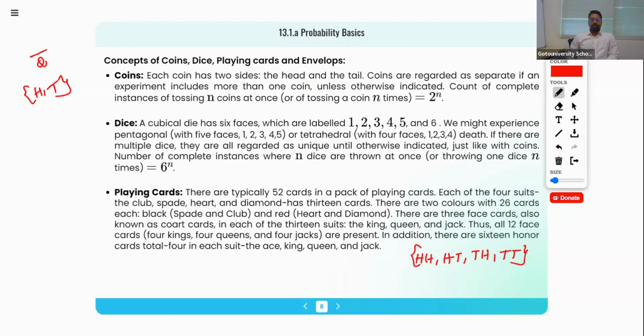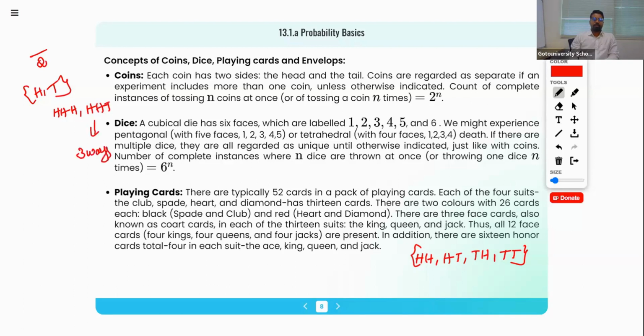4 outcomes. Can anyone tell me, if 3 coins are tossed, how many outcomes are possible? All are heads, yes. And then 1 head, 2 tails. This can happen in how many ways? 3 ways.